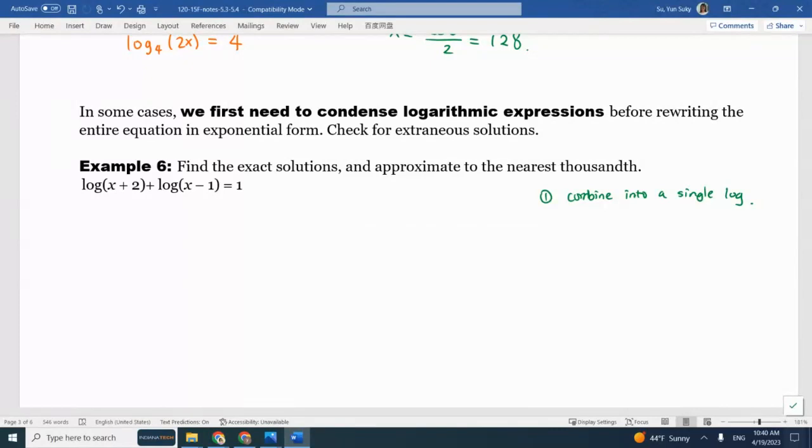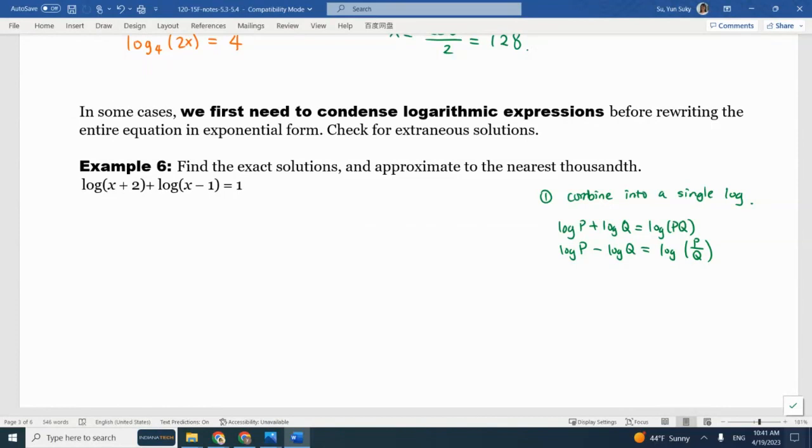When you see subtraction, you combine into a quotient. Okay, everybody? So log P plus log Q, you combine, you get a product. Log P minus log Q, you combine them, you get a division.